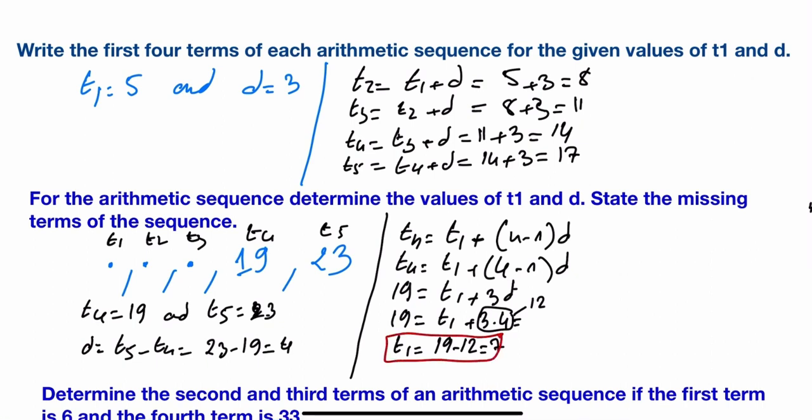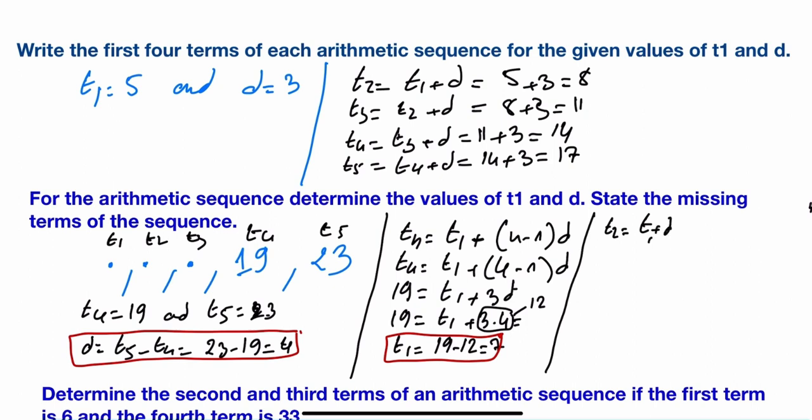We have our D here, and we need to find T2. So T2 is T1 plus D, which is 7 plus 4, which is 11. Now this is T2.